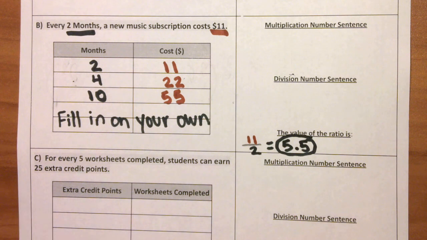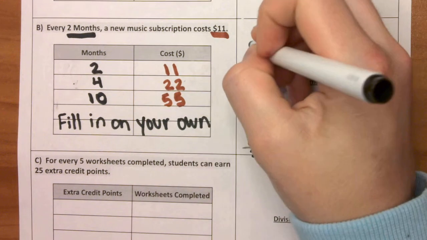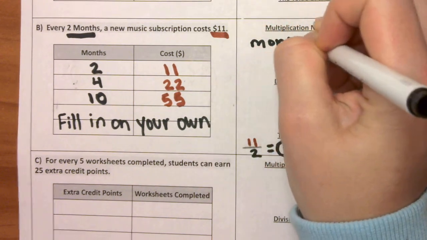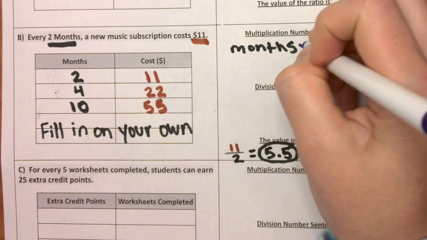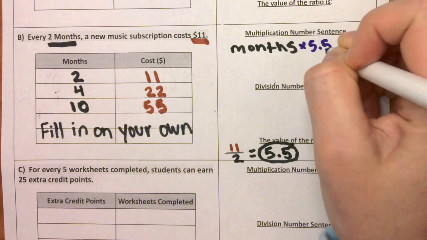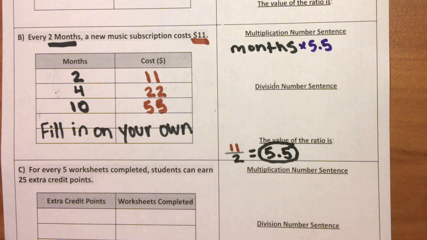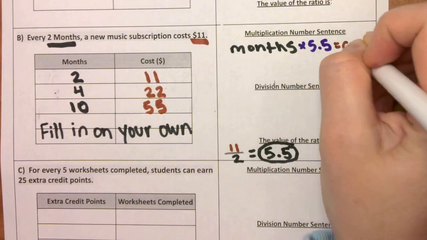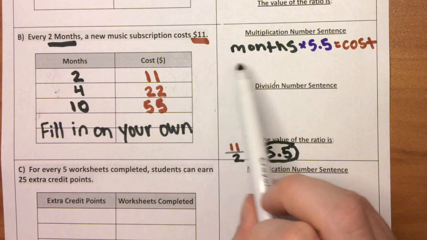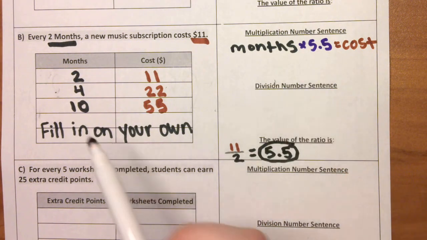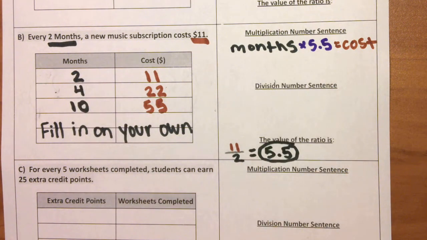So I know I can take my months and multiply it by 5.5 or 5 and 5/10 to get my cost in dollars. All right, and so then you can write an example beneath this, something like 2 times 5 and 5/10 equals $11.